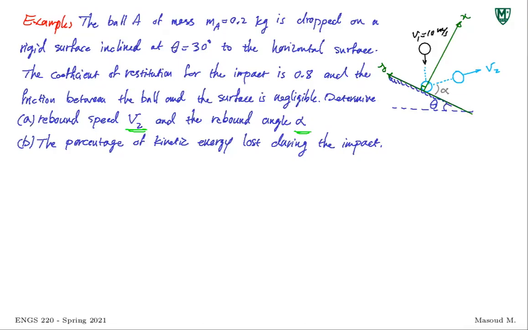You can find the change in kinetic energy during the impact, and how much energy was lost relative to the kinetic energy at the beginning. We'll talk about it in the next class. We'll finish the example. Maybe I'll go over another example about oblique impact. All right, let me just stop here.